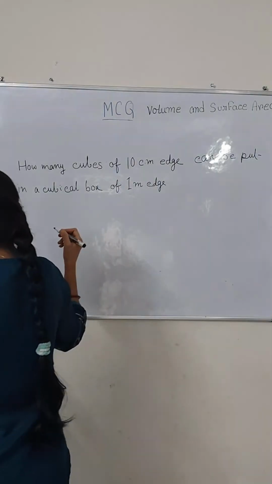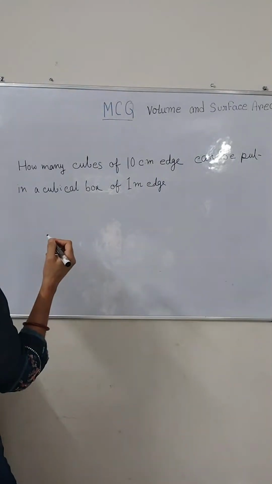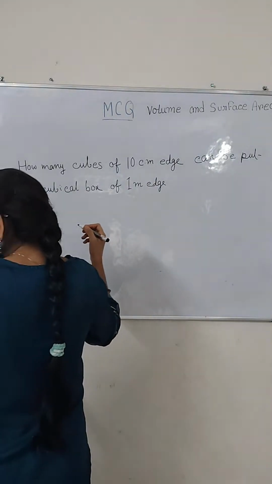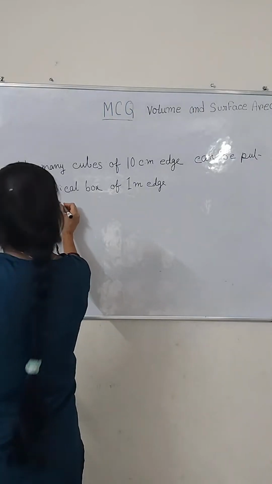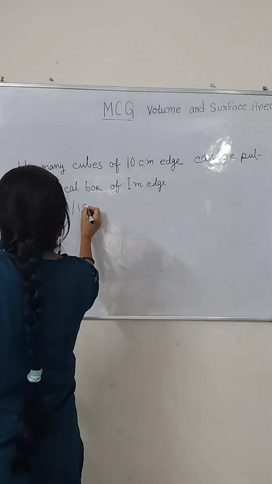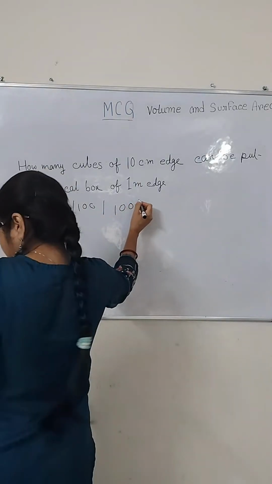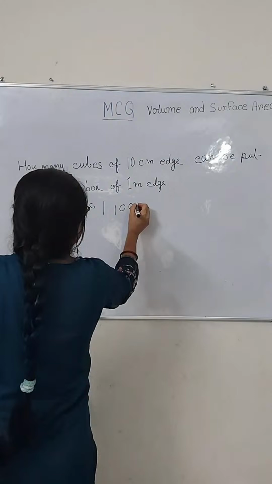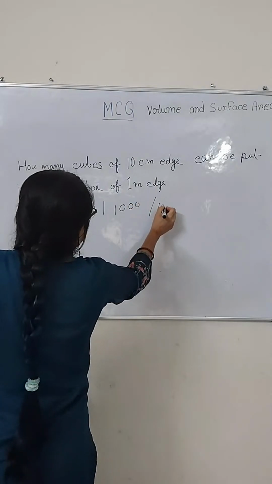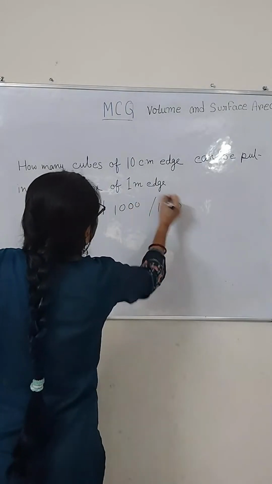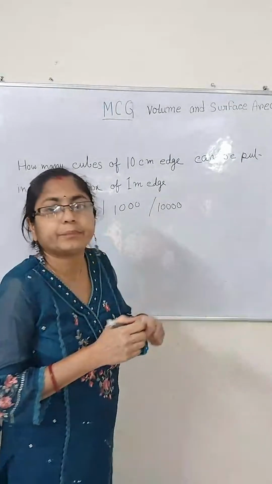Options: 10, 100, 1000 and 10,000. इसका मीनिंग क्या है?